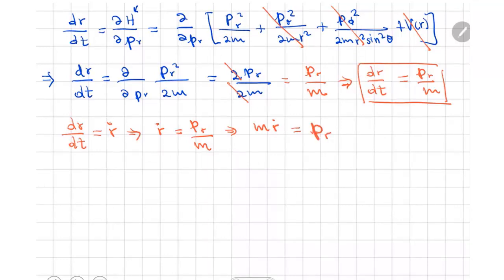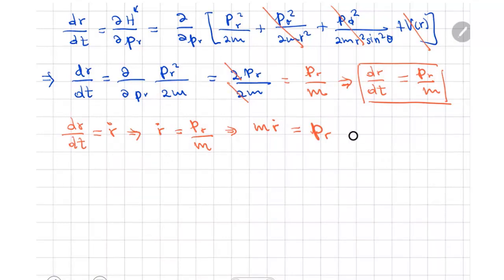And this is the momenta for a particle that is moving with a certain velocity.